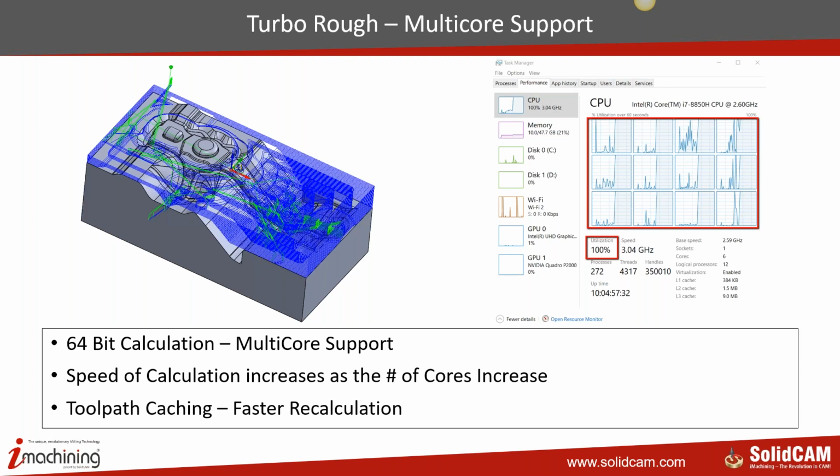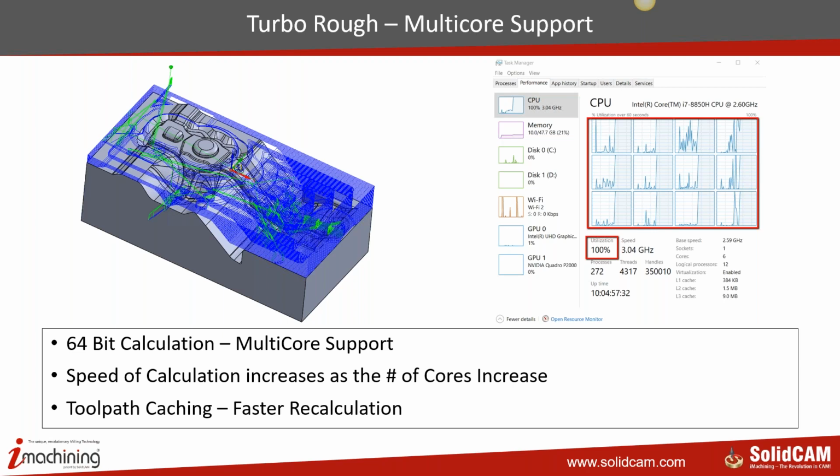First of all, when we compare it with our HSR, we know that our HSR was not true 64-bit compliant system, although it was just ported on a 64-bit. The new Turbo Rough is a 64-bit engine, which means it utilizes all the cores that are available to it, the memory that is given to it. It utilizes everything to its maximum, and that's how the software works.